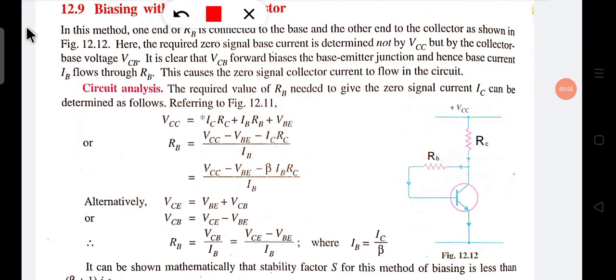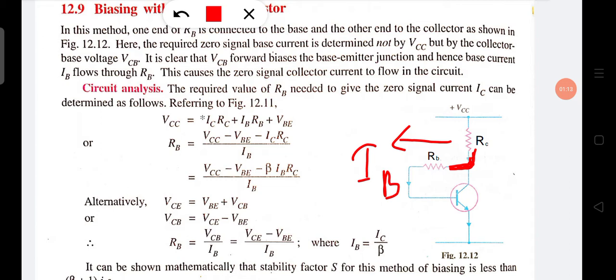Since it is connected to the collector, the IB flows from the collector.